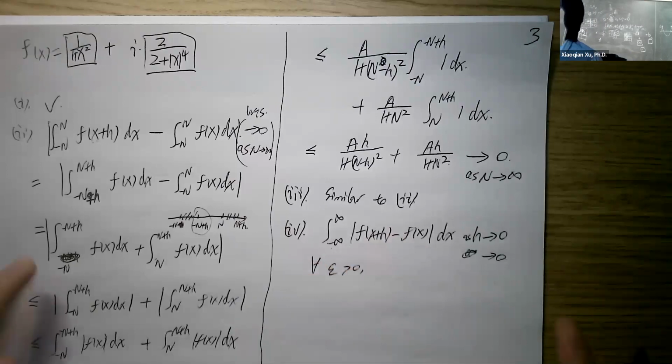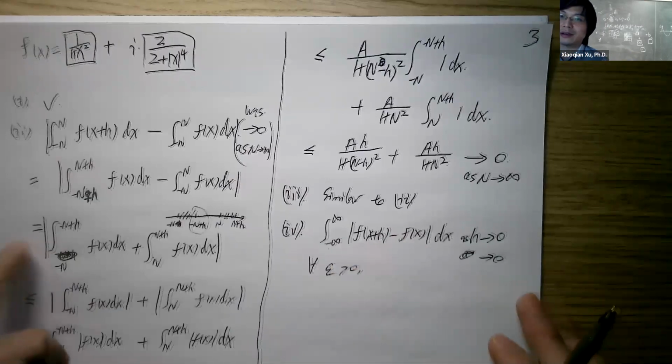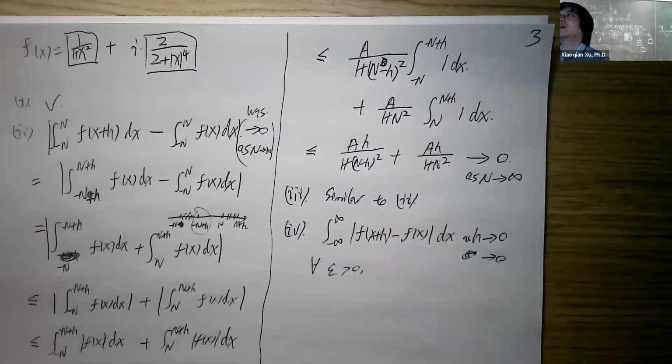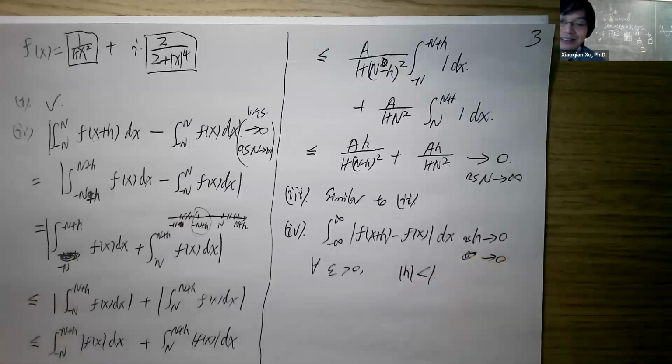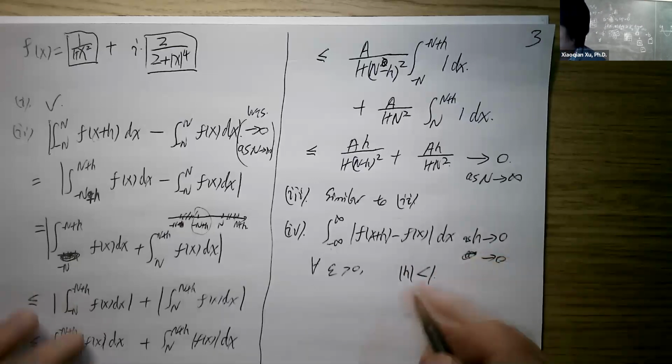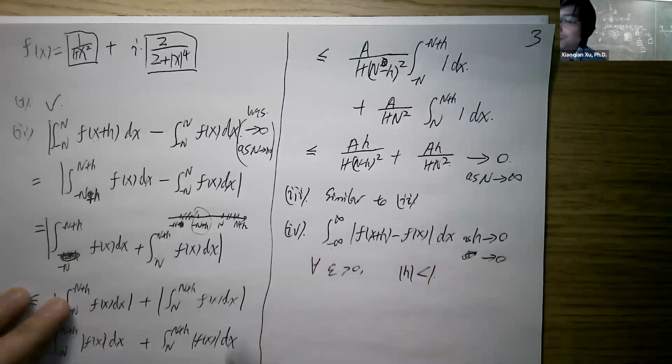What would be the requirement for the neighborhood of h? And eventually we make a summary and see that, okay, we can choose delta to be something, and then it will work. So first, let's assume that h is less than 1 to argue it easily, because you are going to take the limit as n goes to infinity, okay?